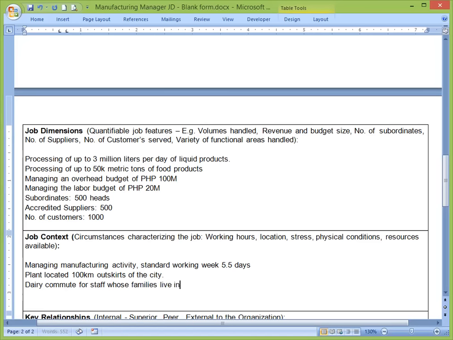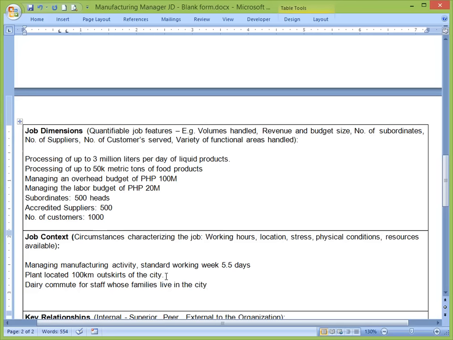See, we're talking about here the plant located 100 kilometers outskirts of the city, maybe in Laguna or somewhere in the region, because I mentioned Region 4 as the location, or in the Calabarzon area. Maybe I don't know if 100 kilometers is too much.